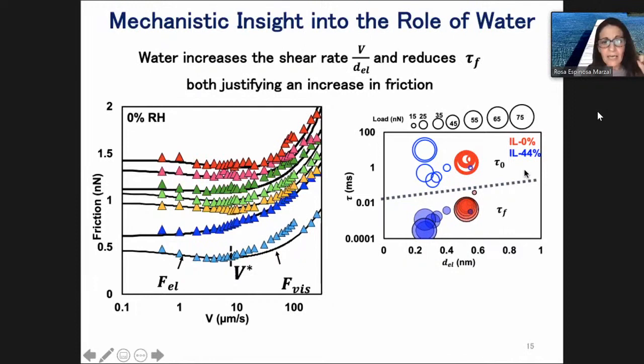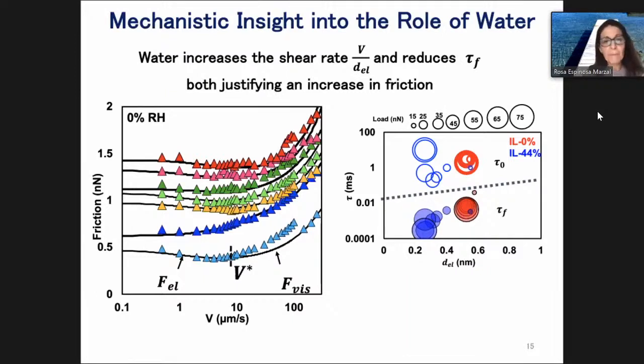And what you can see is that when we add water, the film thickness decreases, which is consistent with our normal force measurements. So that's good. And second, we see that the characteristic time for the bond formation decreases by about 1 order of magnitude, which means that water favors the interactions between the ions at the slip plane.